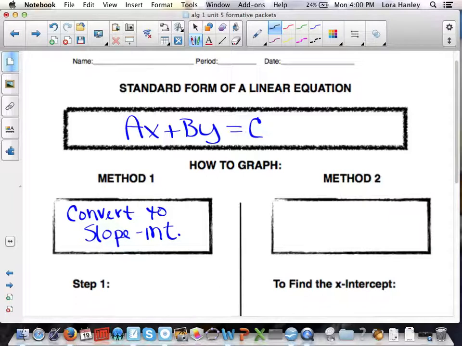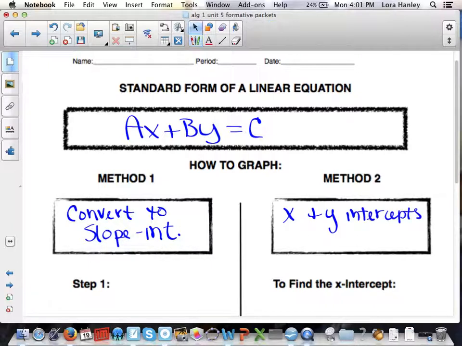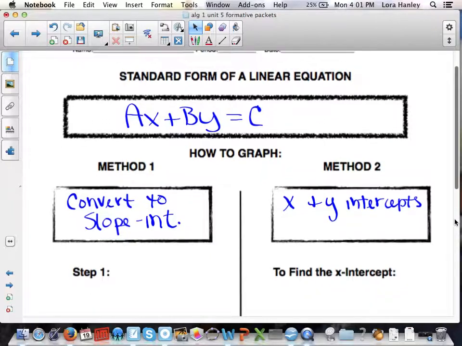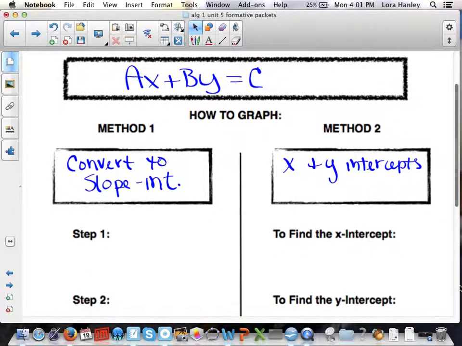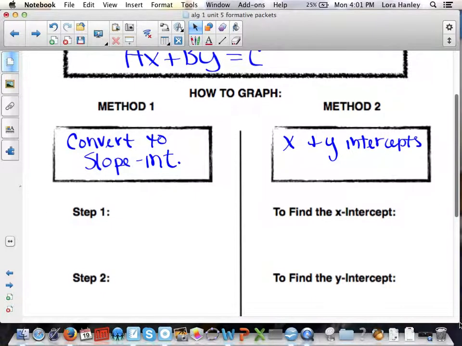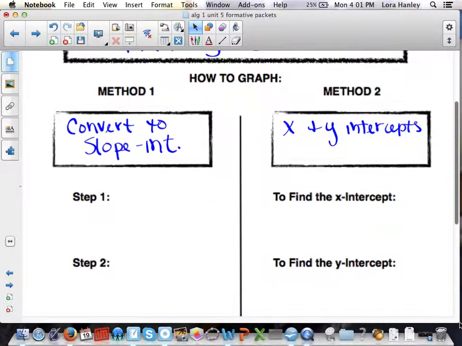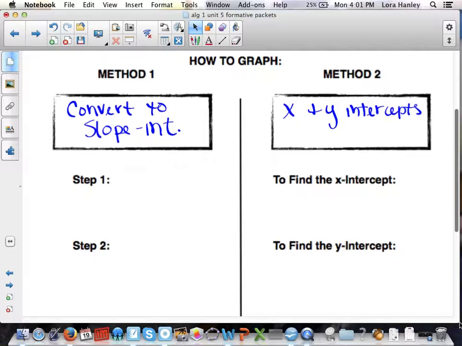The second is with x and y intercepts. So let's begin with changing into slope-intercept form.